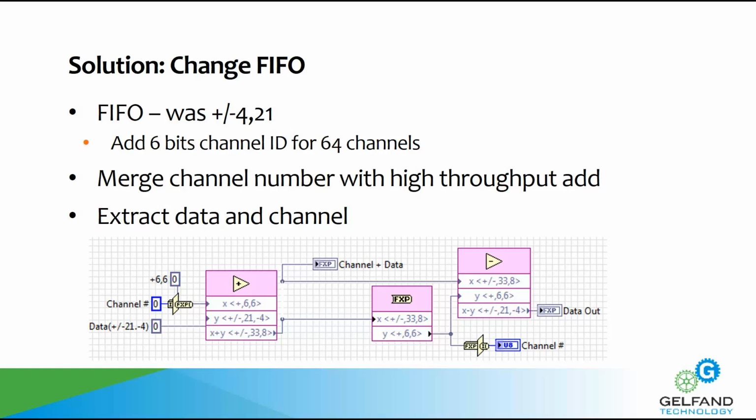And so by merging the data with the channel number, now I can put the data into the queue telling me what channel number it is, along with the data. So now it doesn't matter what order it's going in. It doesn't matter if I have a higher speed module and a lower speed module, because I know every element in the FIFO has its channel information in it.